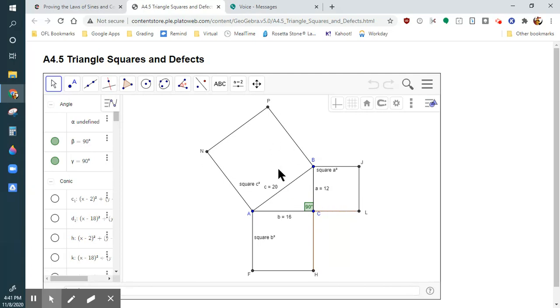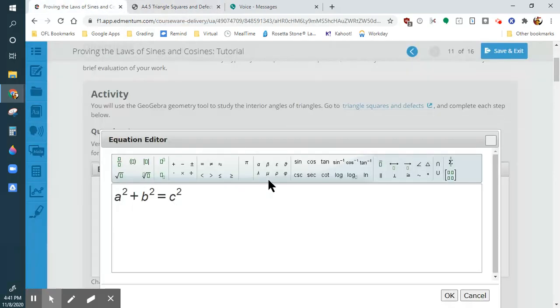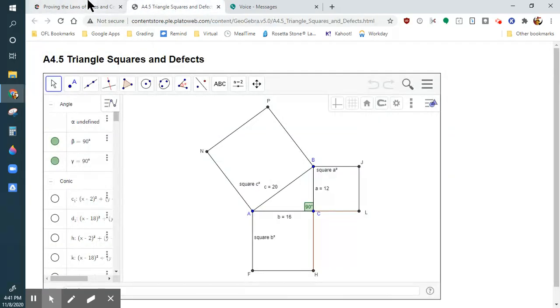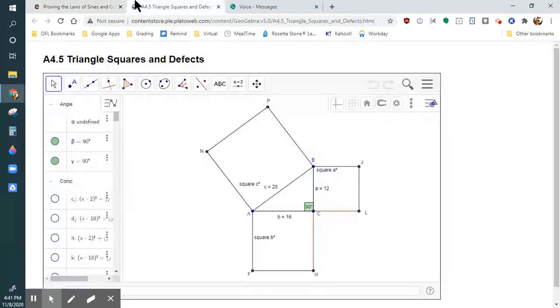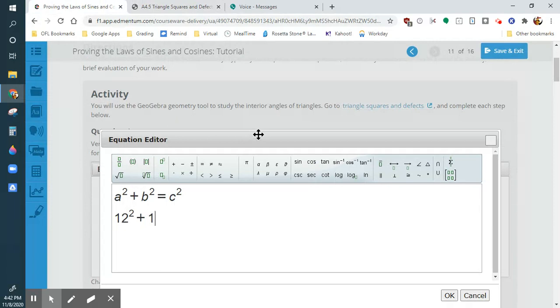So what I'm going to do here is I'm going to plug in all the sides. Okay, so 12 squared plus 16 squared equals 20 squared. So 12 times 12 is 144 plus 16 times 16. Unfortunately, I don't have that memorized.